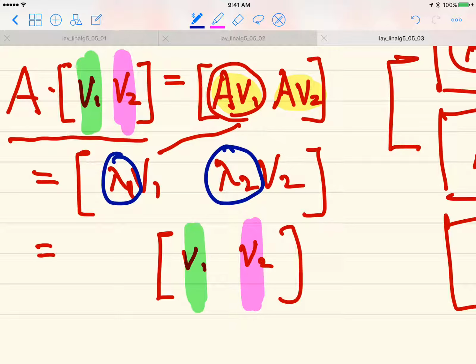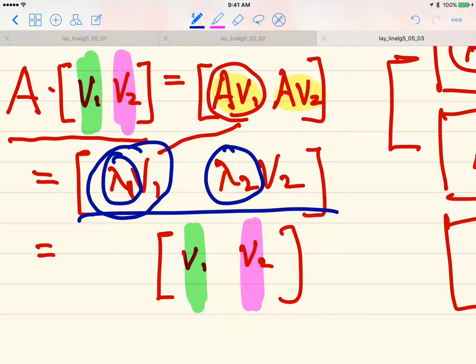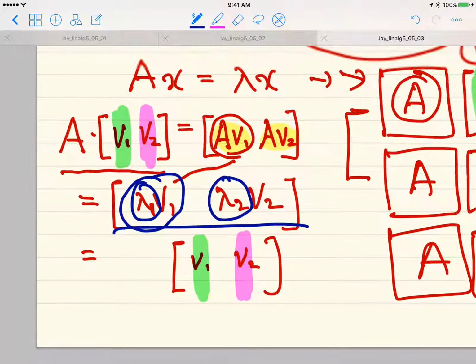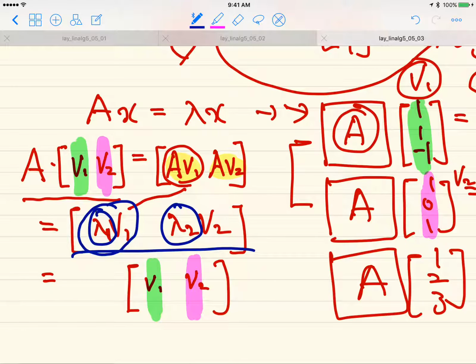So let's try to obtain this matrix, and this guy can be written as V1 times lambda 1, of course, plus 0 times V2, which is a linear combination of V1 and V2, right? And this is a special case of a linear combination, right?